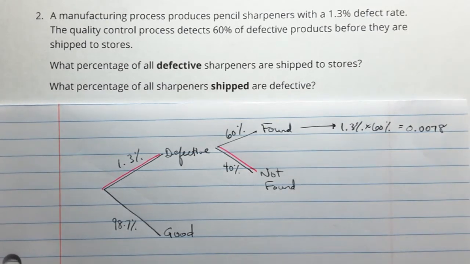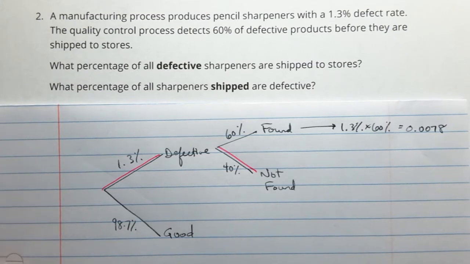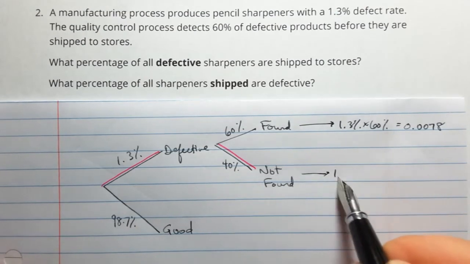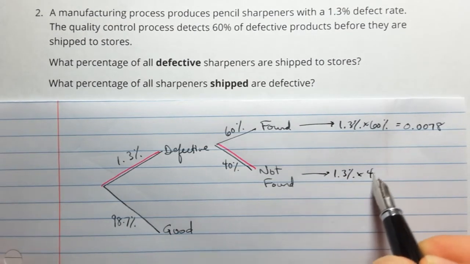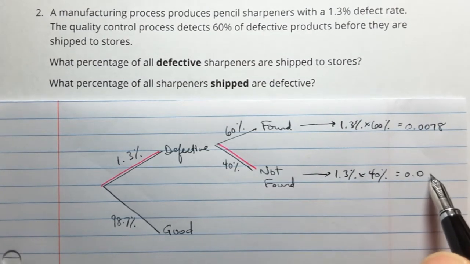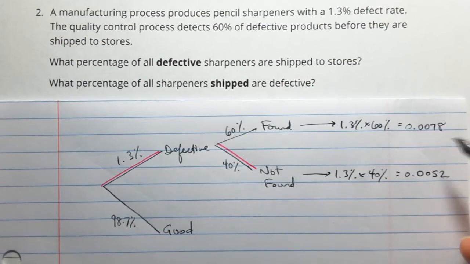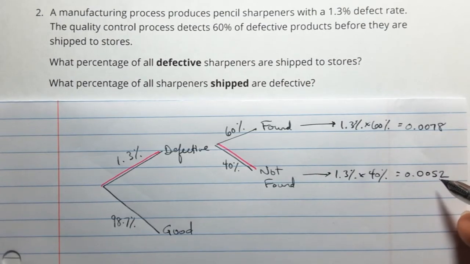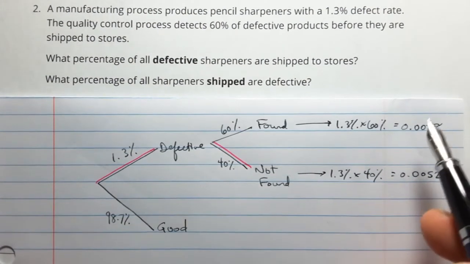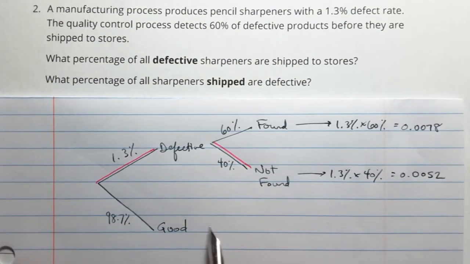Does that make sense? Yeah, a little bit less than 1%. And this one here will be 1.3% times 40%, which is going to be 0.0052. Together those should add up to 0.013, and they do, so that's fine. Writing these as decimals, not percentages right now.